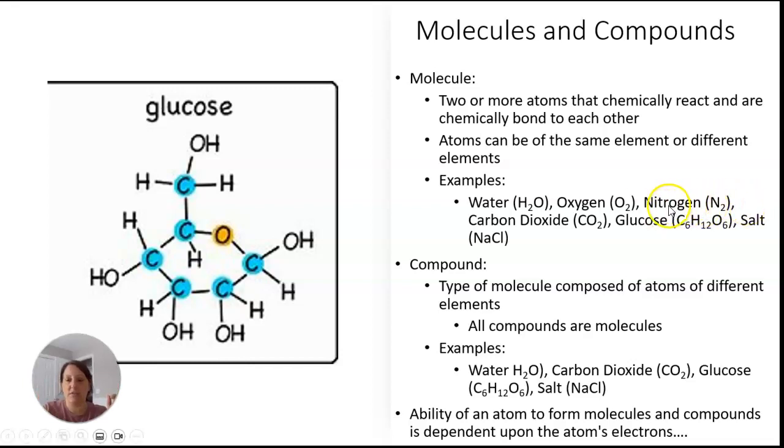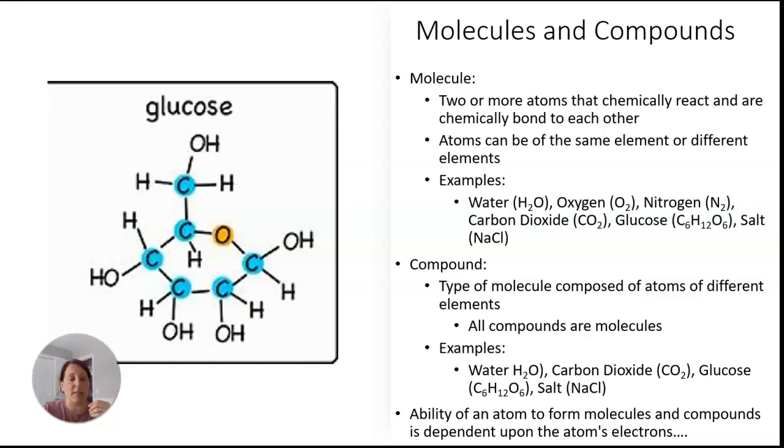And so we have two of the same atoms. The same is true for atmospheric nitrogen. And so nitrogen is N2. So again, two atoms of nitrogen participating in this chemical reaction, in this bond. Okay. And so they can be two of the same element or atoms, or they can be made up of two different atoms.